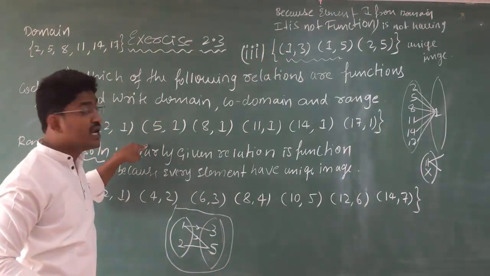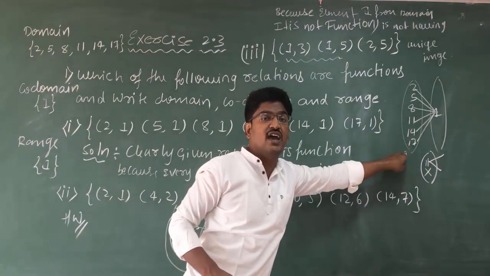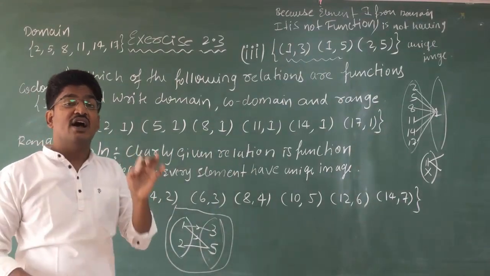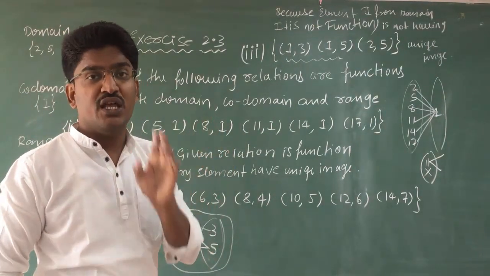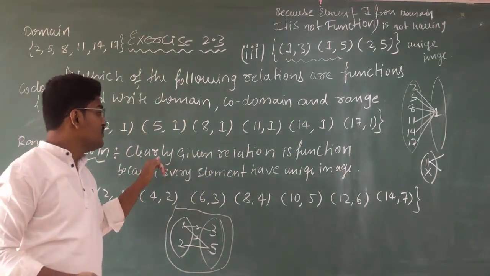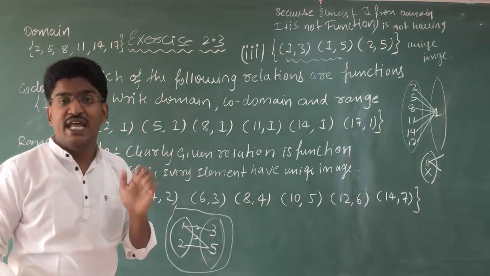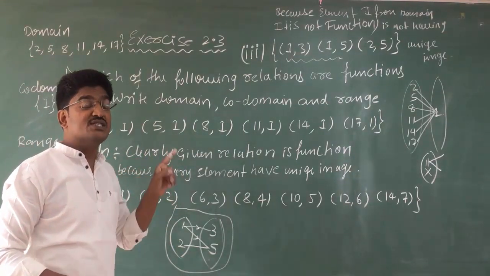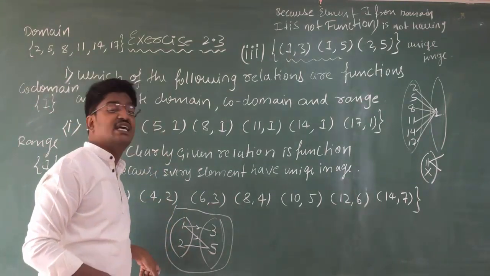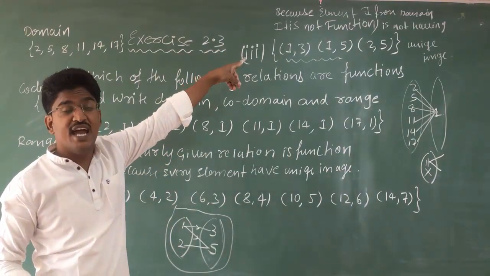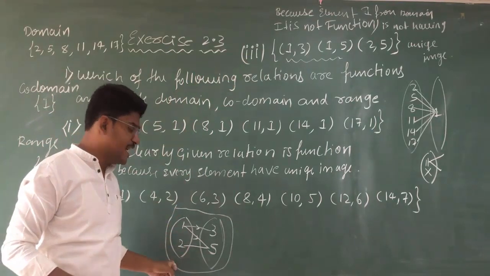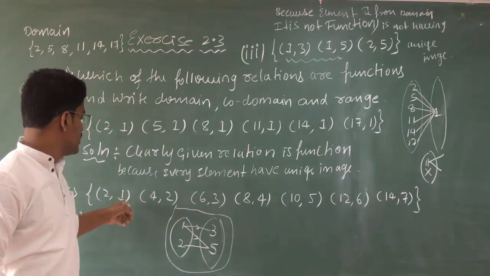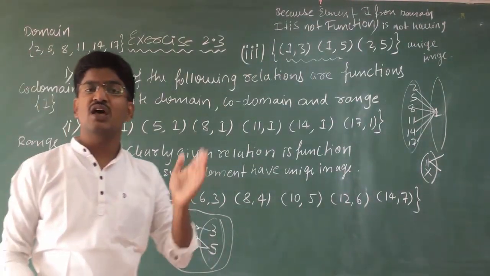But here, you don't write this diagram with this particular answer, because whenever the answer is not a function, you need an example. Whenever it is a function, you don't need an example. For that you should write with the definition. Whenever it is not a function, you should write with an example. So that's why with that theoretical part you write this. Clear? So then your answer is going to be the correct one. Second one, you take it as homework and try it on your own.